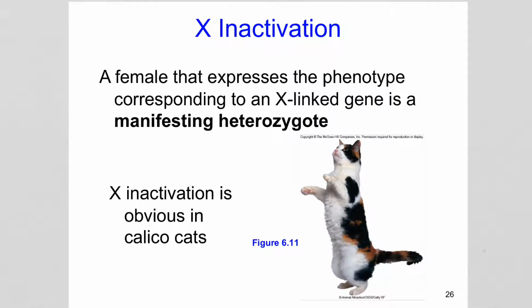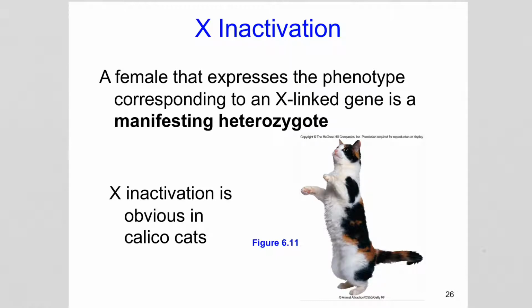So obviously, if an individual is homozygous for an X-linked genotype, they have 2 of the same alleles on their X chromosomes, inactivation is going to have no effect because it doesn't matter whichever of the X's are inactivated, we still have that same allele on the other X. However, for heterozygote individuals, they have two different alleles.